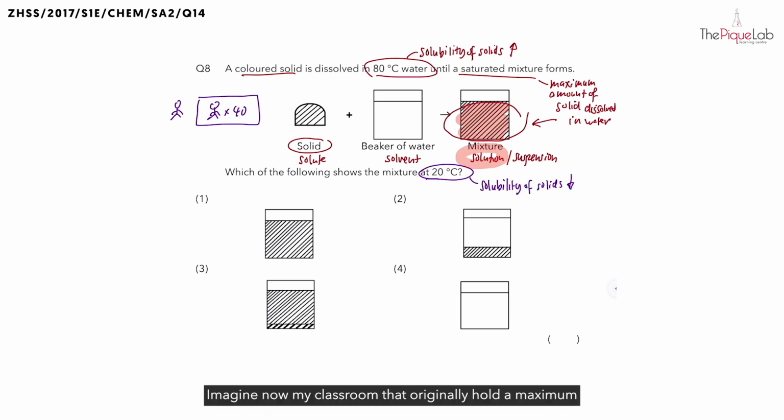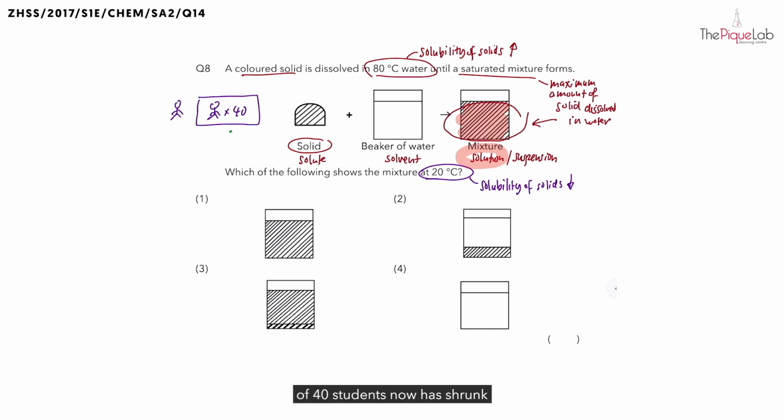Imagine now my classroom that originally held a maximum of 40 students. Now it has shrunk and it can hold a maximum of 10 students. What's going to happen to the 30 kids that don't fit into the classroom? They are going to get kicked out into the corridors. All 30 of them.